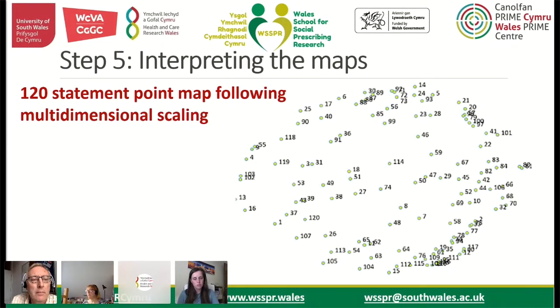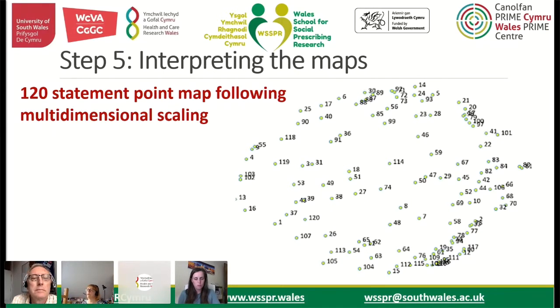So here we have an example of a map. This is a point map, a 120 statement point map following the multidimensional scaling. And you can see here, for example, 102 point statement there. And if you look at 84, they're wide apart because they haven't been sorted together regularly or not sorted together at all.